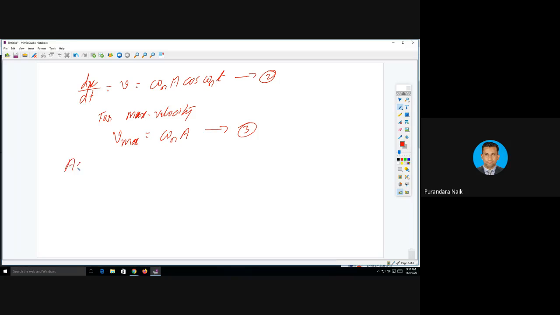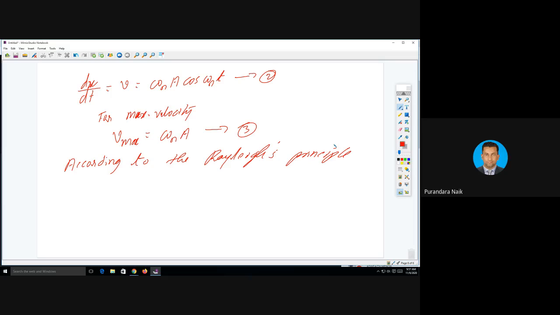Next, according to Rayleigh's principle, the maximum kinetic energy is at the mean position where the potential energy is 0.